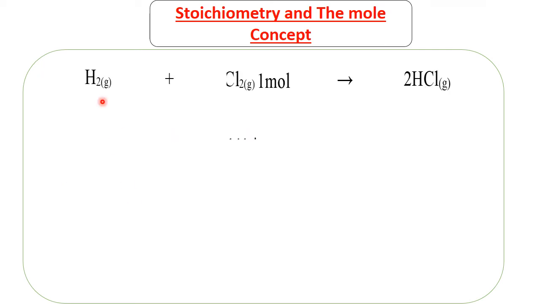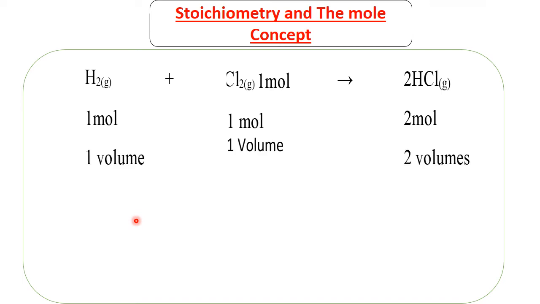In short, let's say we've got this reaction, hydrogen reacting with chlorine, which produces hydrochloric acid. So here, for hydrogen we have 1 mole, chlorine 1 mole, and hydrochloric acid 2 moles. So what this means is the amount of volume we have for hydrogen, we are going to call it 1 volume, should be equal to chlorine, which is 1 volume, and for hydrochloric acid, it should be 2 times.